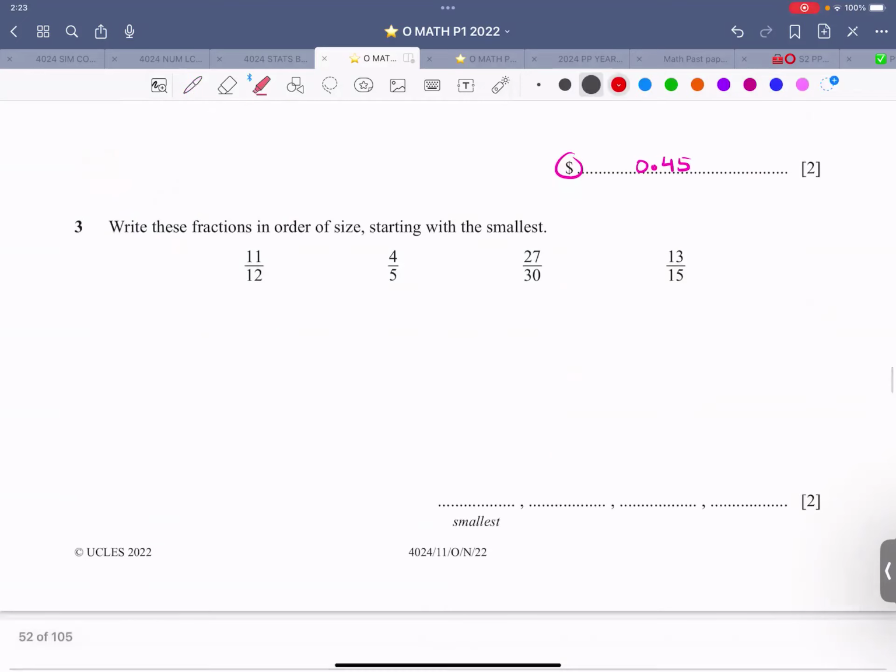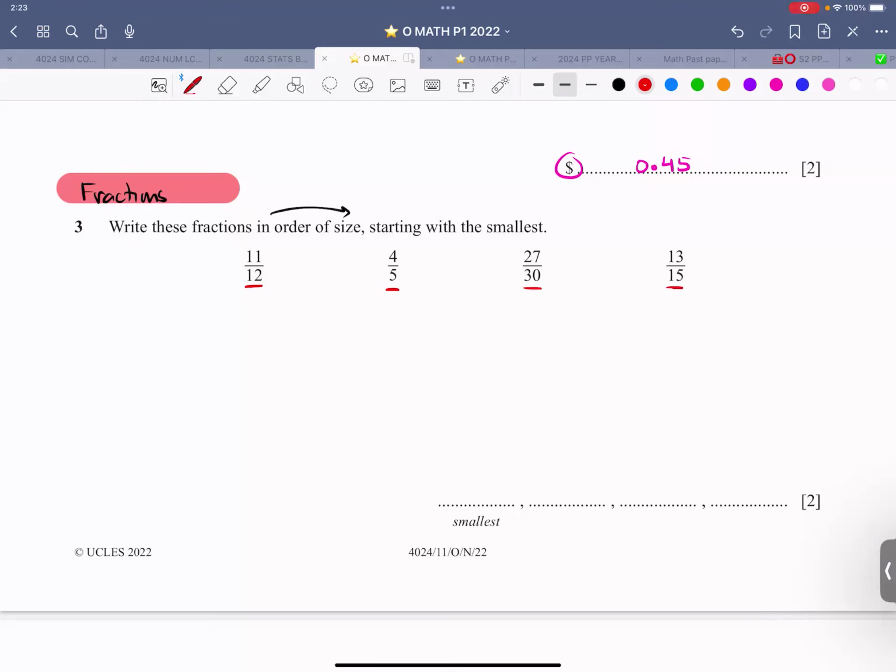Question number 3. This is about fractions, and this is about writing in order of size. So now let me look at the denominators. This is 12, this is 5, this is 30, this is 15. I think let me convert all of these denominators to 60 so that it's easier to compare.